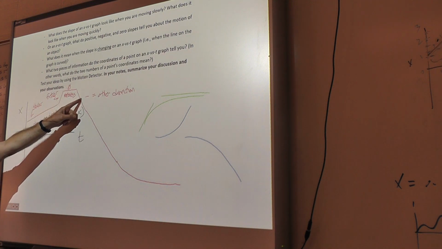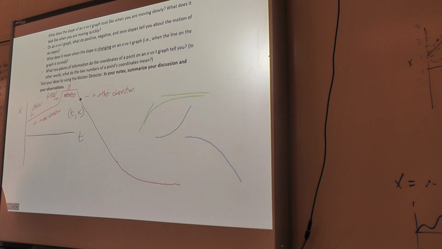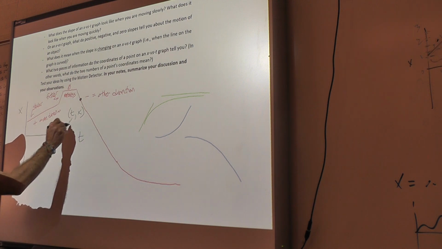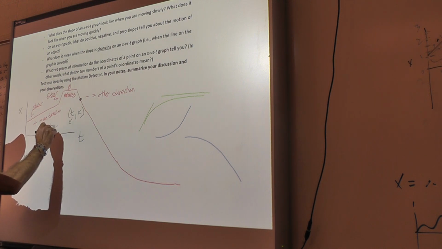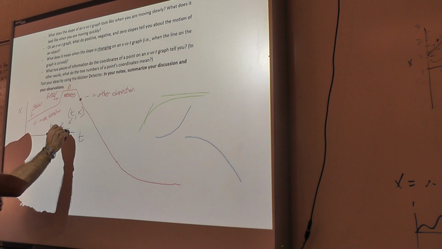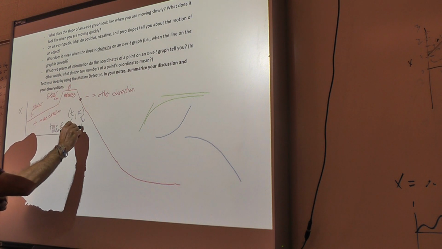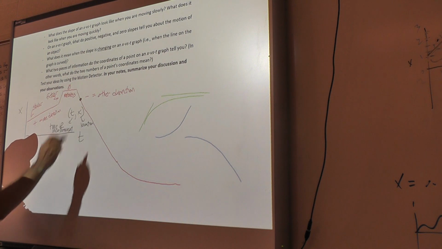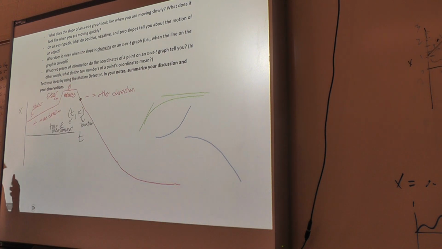This point right here tells us two pieces of information. Those pieces of information are the time of a measurement and the location or position of whatever object it is that we're measuring. Was this a sensor? Maybe.